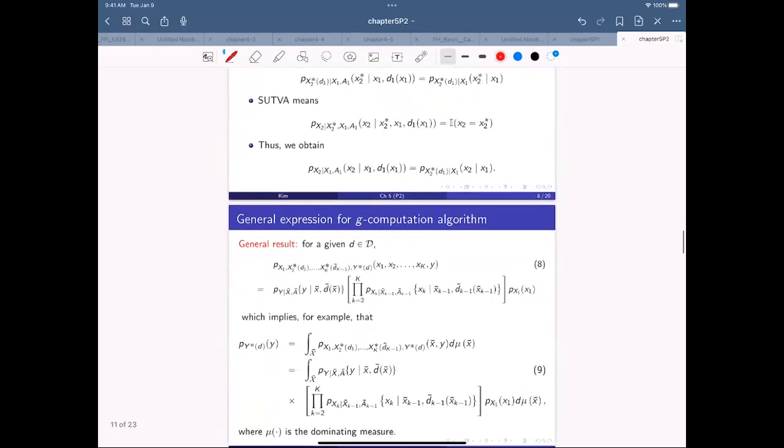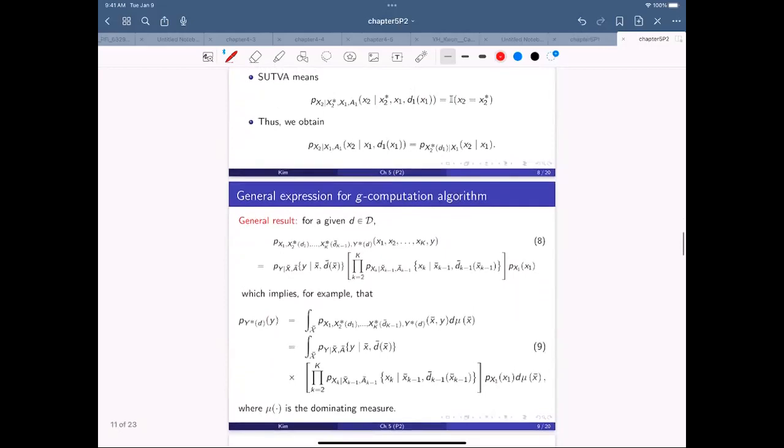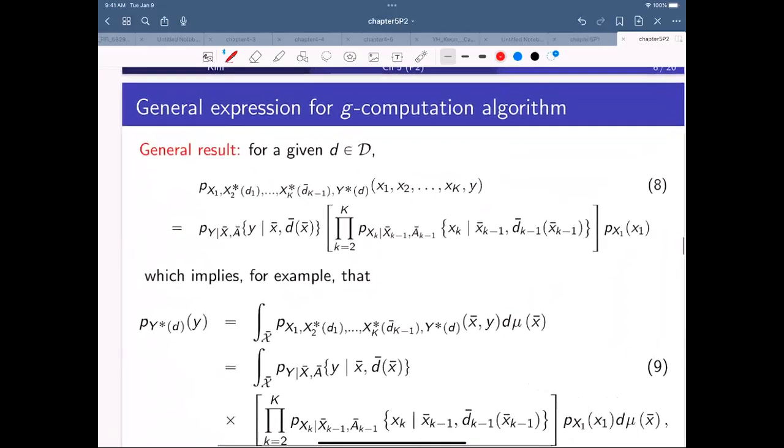So here is a summary of the general expression. For a given D, sequentially, D1 is a function of X1, and D2 is a function of X1 and the realized X2, something like that.